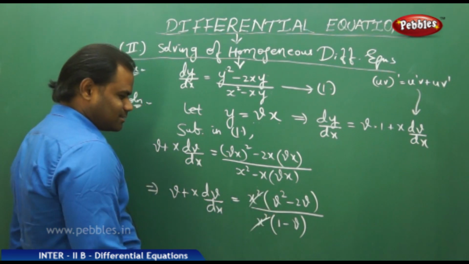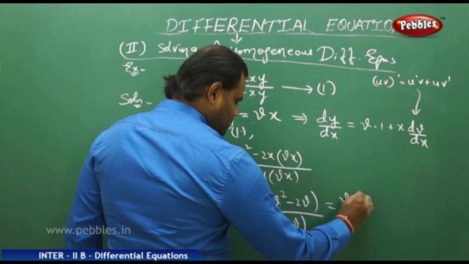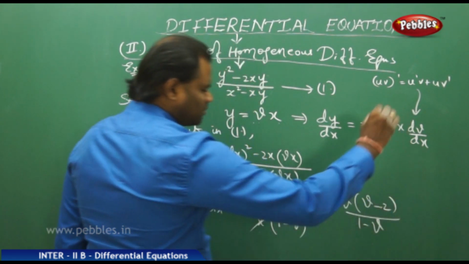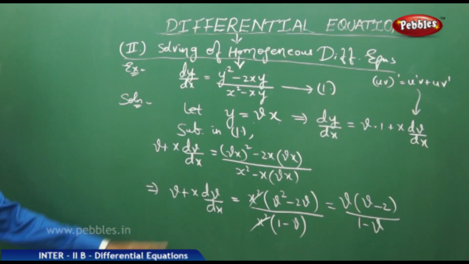So this gets cancelled and this gets reduced as v times v minus 2 by 1 minus v is what we get on simplification.